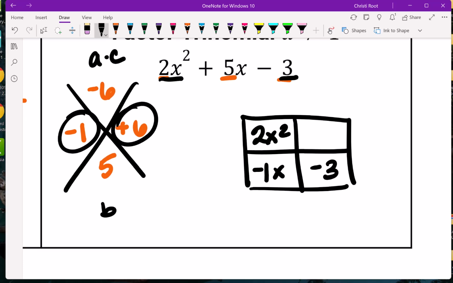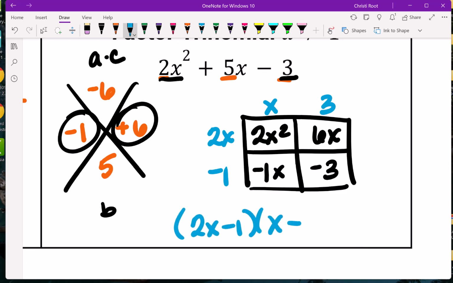So -1x and +6x. Your factors are going to be your GCF solutions. So that would be 2x here, -1, work backwards, be x, and 3. So final answer is going to be 2x minus 1 and x plus 3.